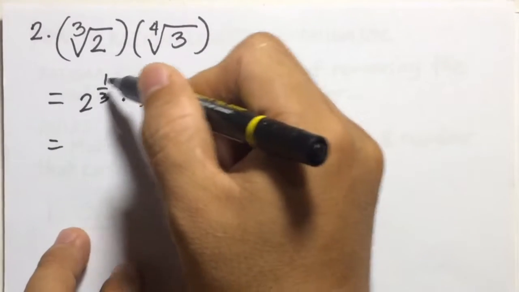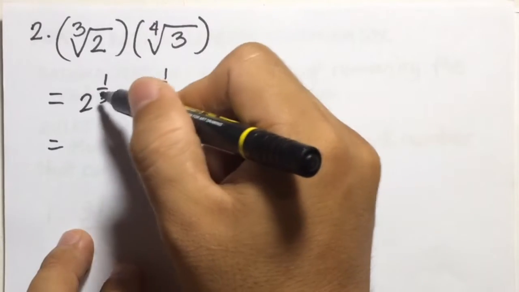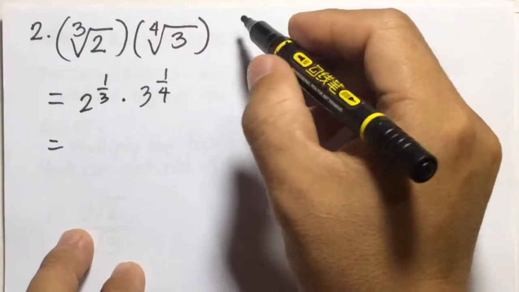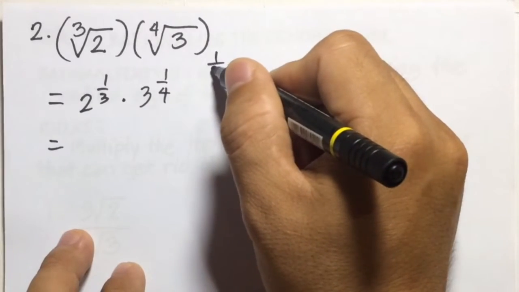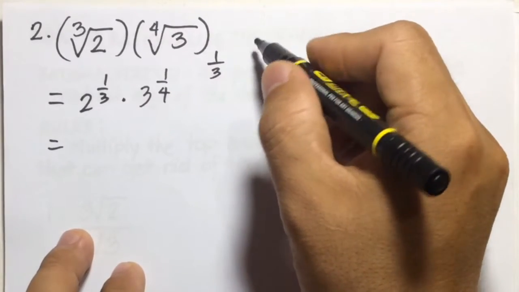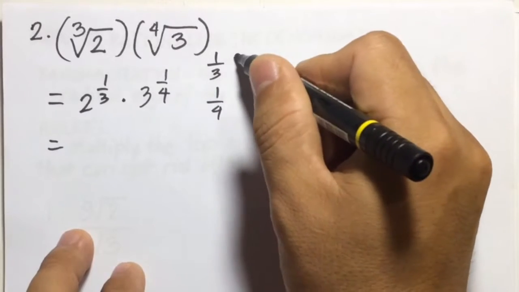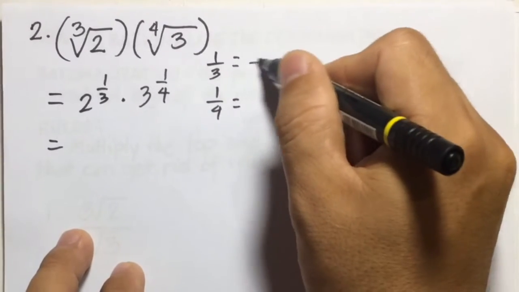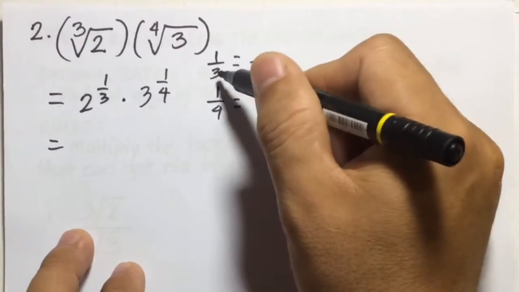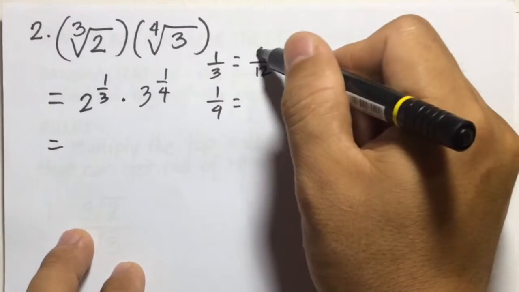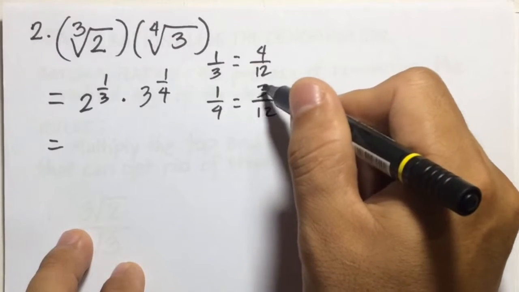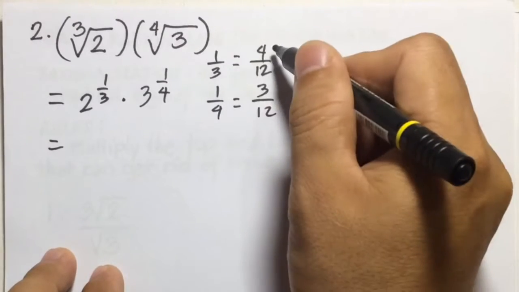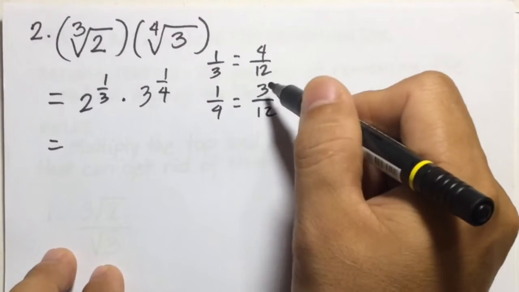Now making the two the same, so we're going to make the two the same denominator. So 1/3 and 1/4. LCD here is 12. So 12 divided by 3 is 4, times 1 is 4. So 12 divided by 4 is 3, times 1 is 3. So we can have 1/3 as 4/12 and 1/4 as 3/12.